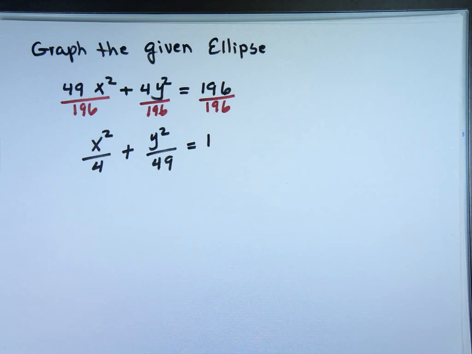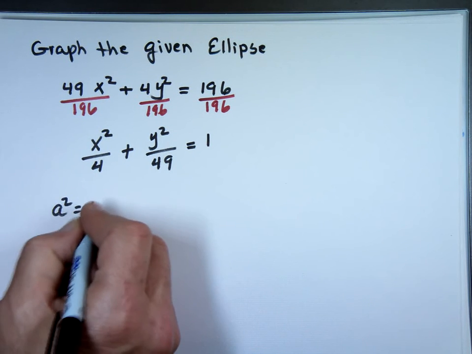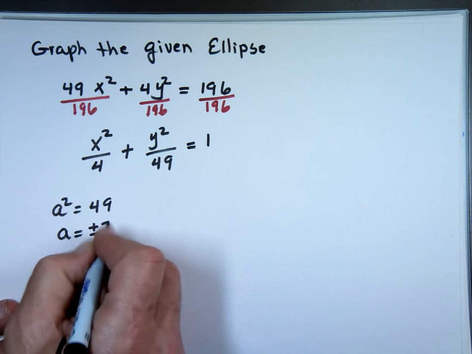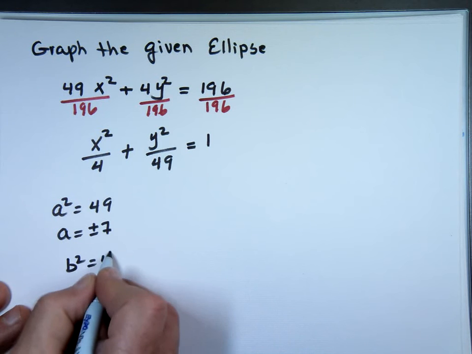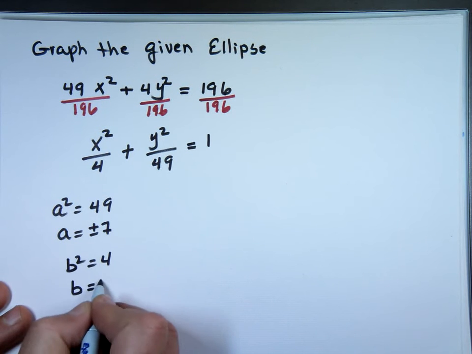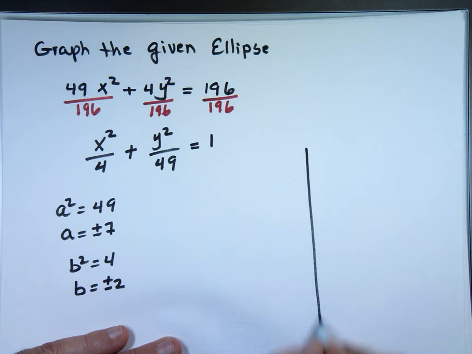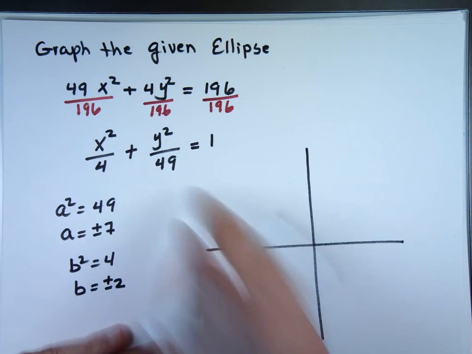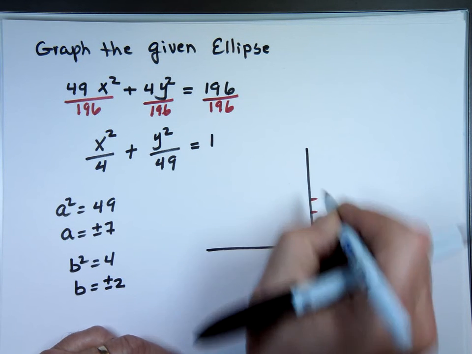Now that looks like the format we know. 49 is in. A squared is 49. A equals plus or minus 7. B squared equals 4. B equals what? Plus or minus 2. Which way is it going? Up, along the y-axis, because it's sitting on top of the 49. 1, 2, 3, 4, 5, 6, 7.